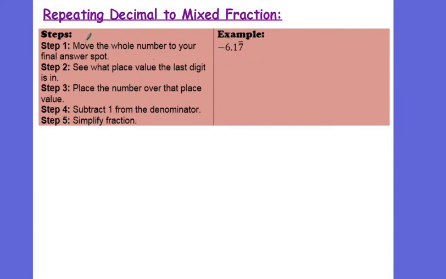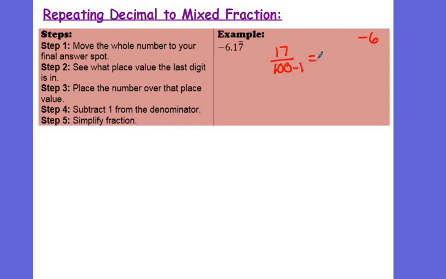Okay, here is my example. It says move the whole number to your final answer spot. So -6 is moved over here. See what place value the last digit is in. The 7 is in the hundredths place. So I'm going to put 17 over 100. Subtract 1 from the denominator.